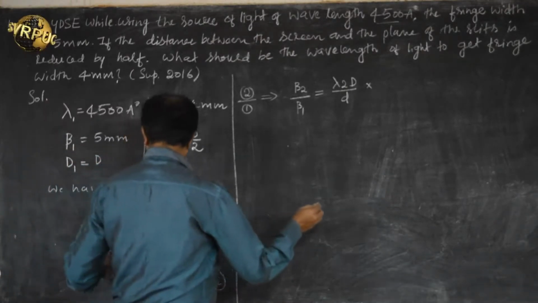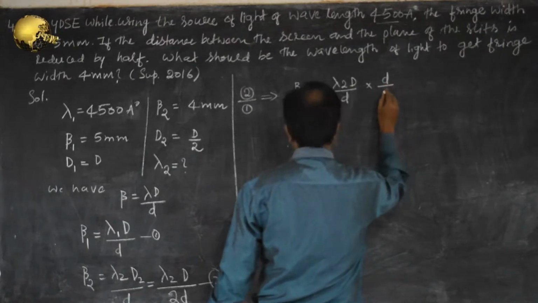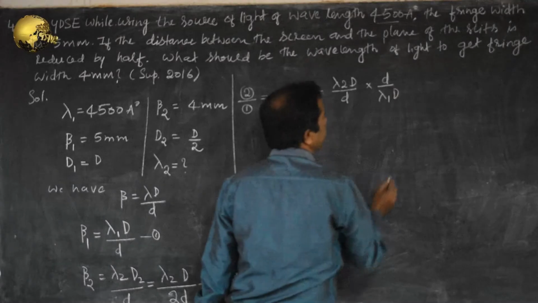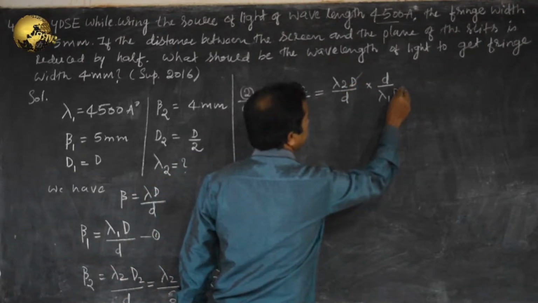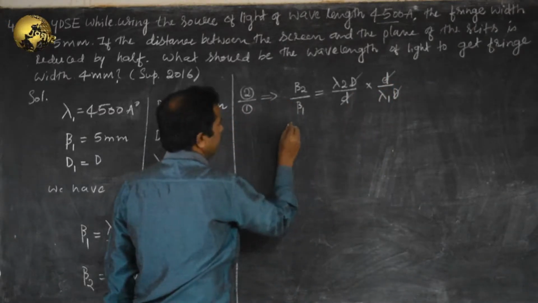Beta 1 will be equal to, it will be reciprocal, small d divided by lambda 1 into D. Here this D and this D get cancelled, and small d gets cancelled.